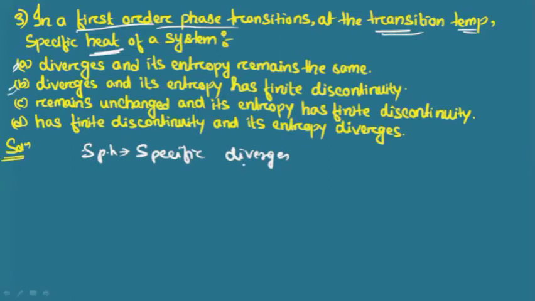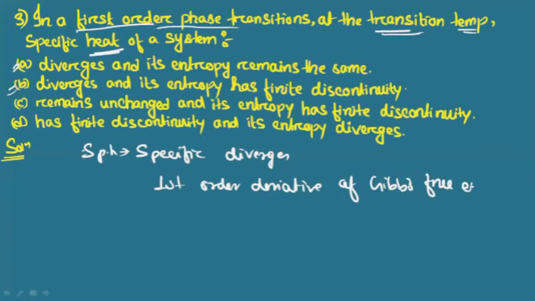Next you see, here it is said entropy remains same. In the other one it is said entropy has finite discontinuity. Now in case of first order phase transition, what happens? First order derivative of Gibbs free energy is discontinuous, right?